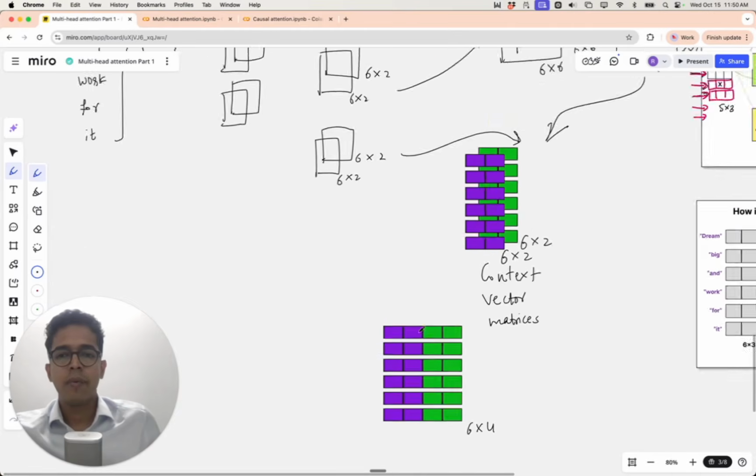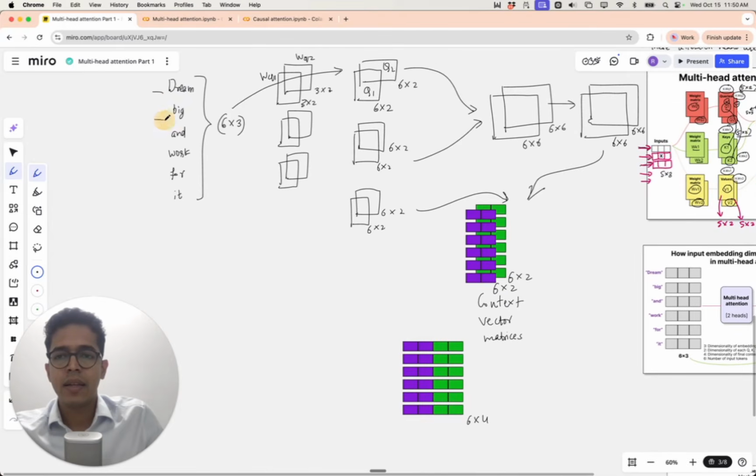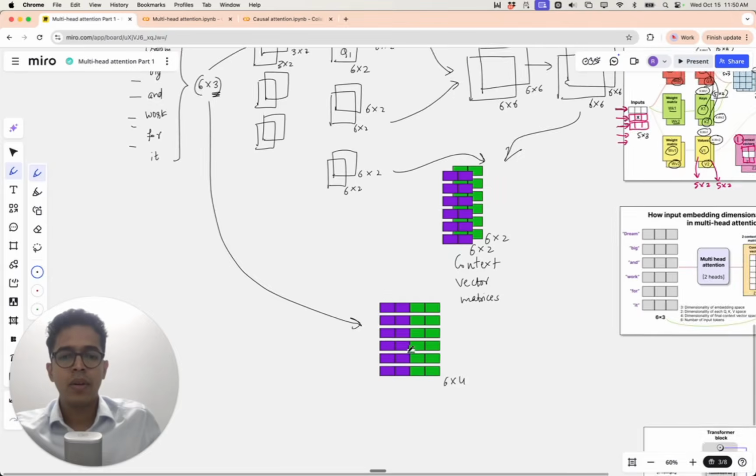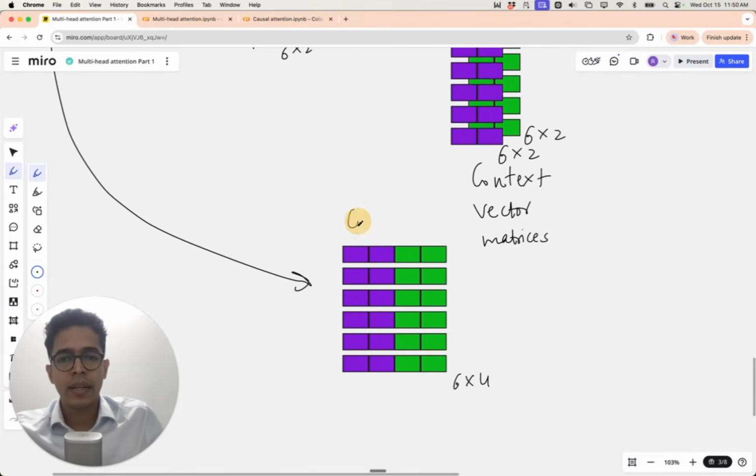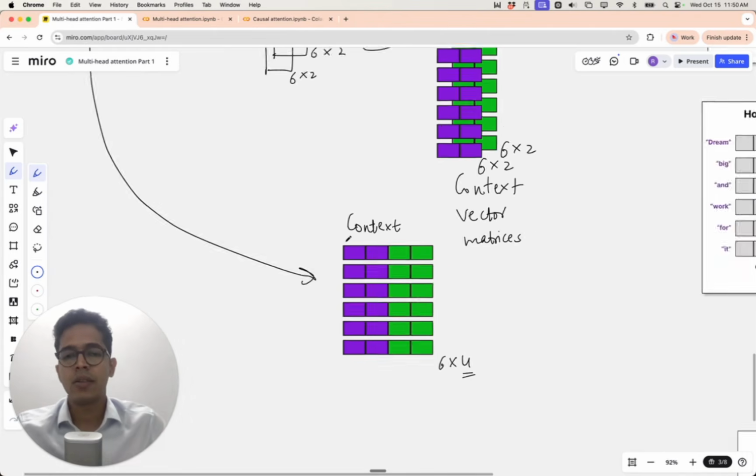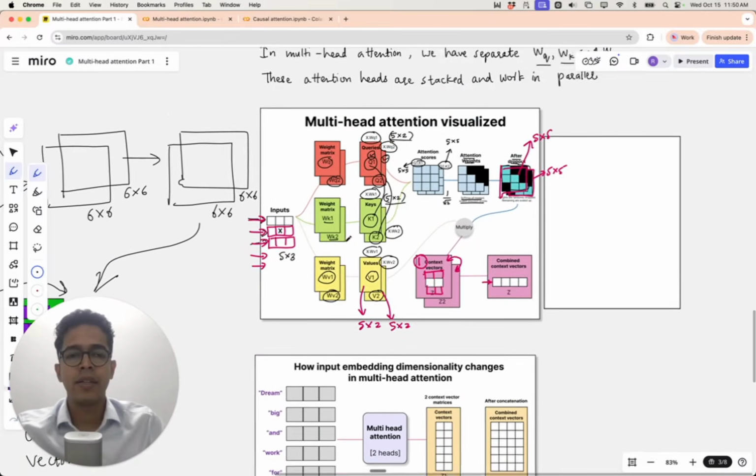So what happened is we had 6 input vectors of each 3 dimensions, and it got converted into 6 context vectors. So these are now context vectors of dimension 4, because each vector is now represented by 4 dimensions. So this is what happens in multi-head attention.